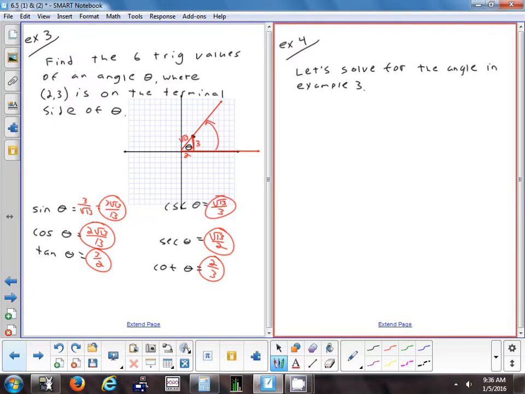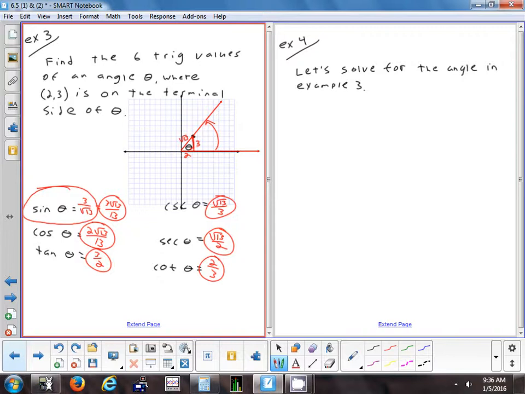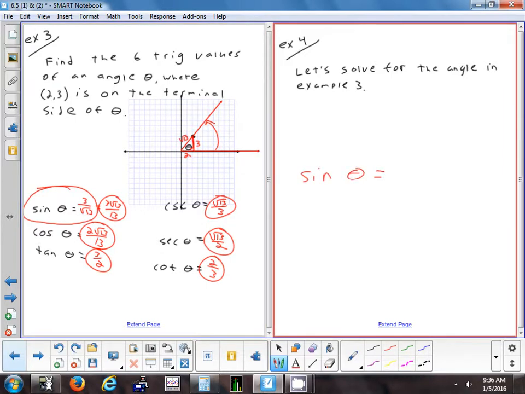Let's use this to figure it out. Again, you could use some other ones. I'm not going to. You'll see why. Sine of theta equals 3 over square root 13. Now, normally I would not want to write this as a final answer, but this is not a final answer.